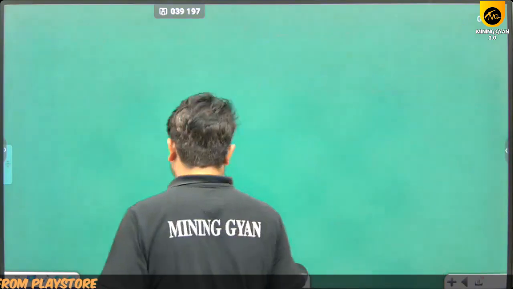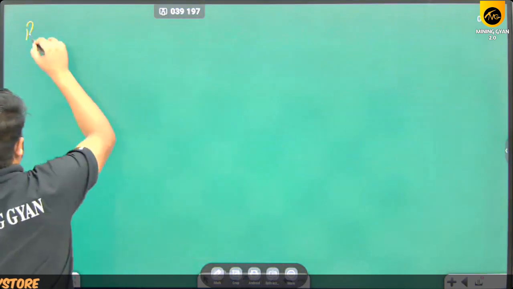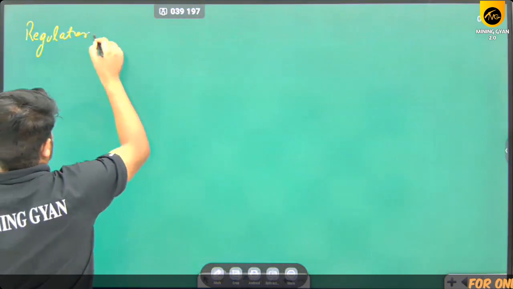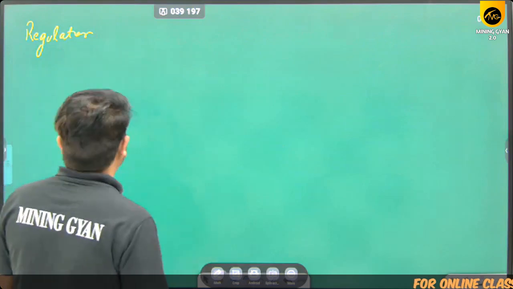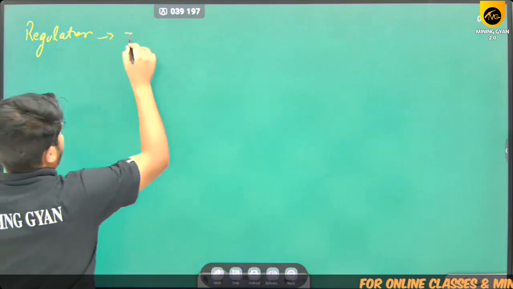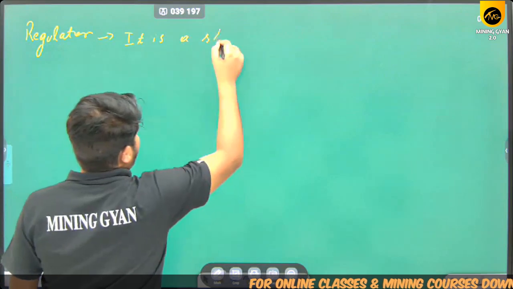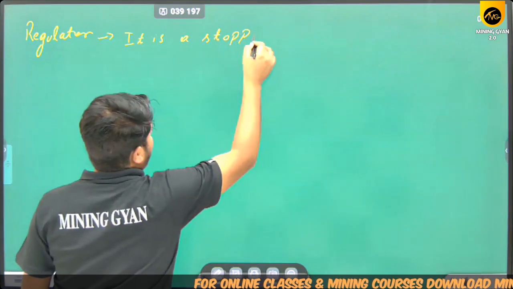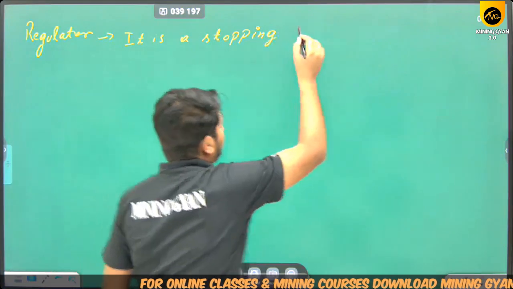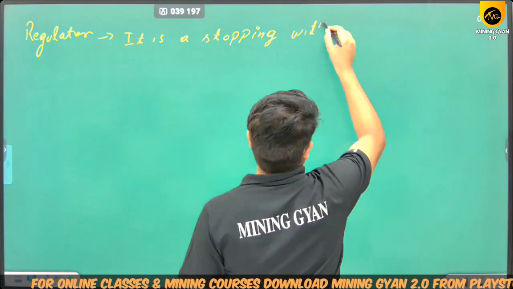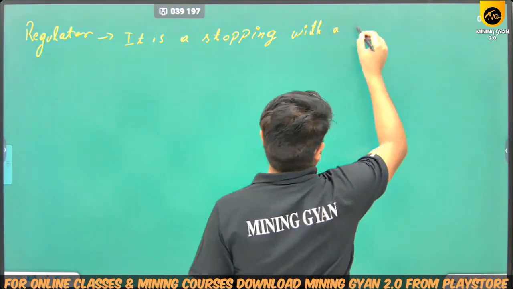Now the next thing, regulator. What is the use of regulator? What is a regulator? It is a stopping with a window.